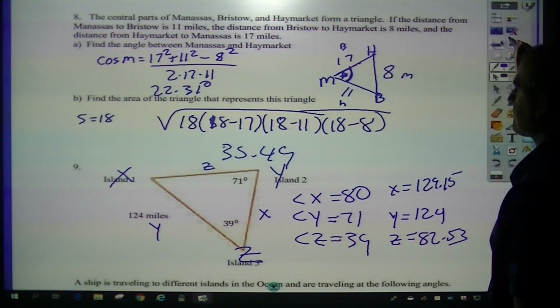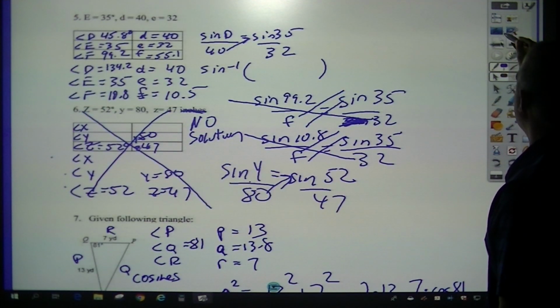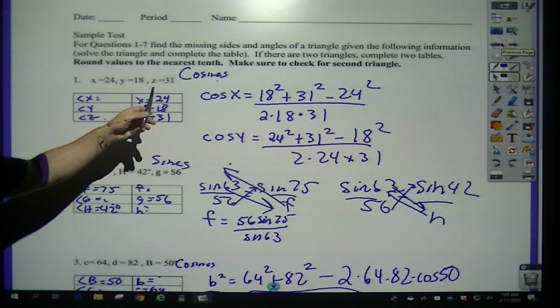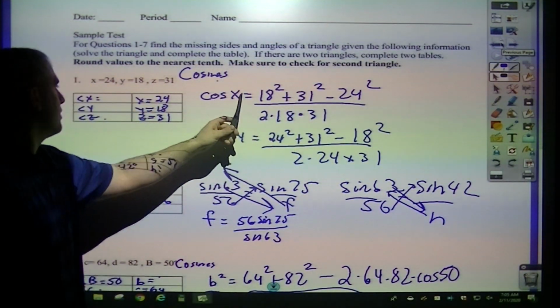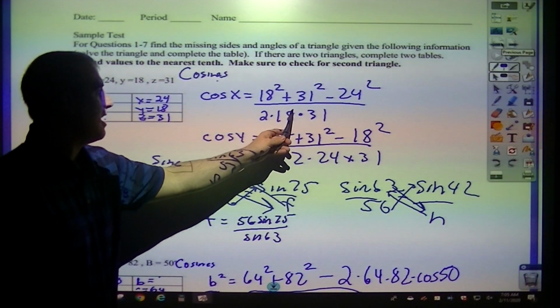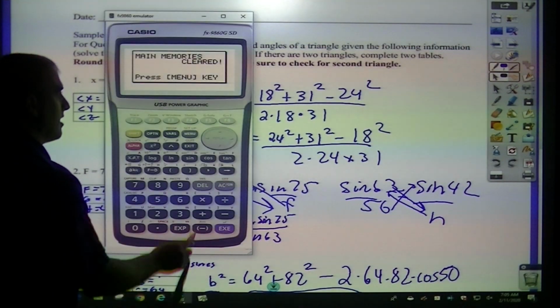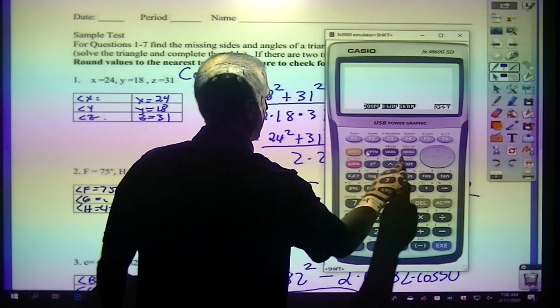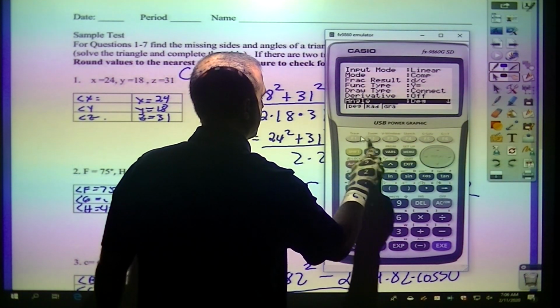So what I would do under these situations, I'm trying to find x. So x would be here and here, so 18 squared plus 31 squared minus 24 squared, over 2 times 18 times 31. When I go to calculate that, flip this over to degrees.